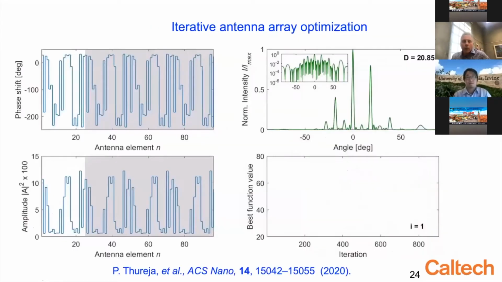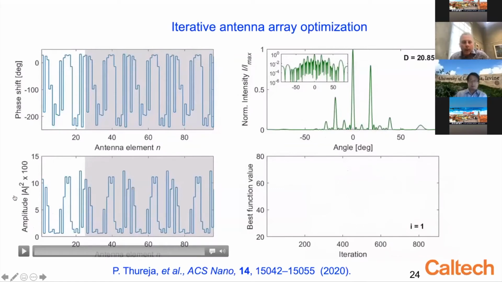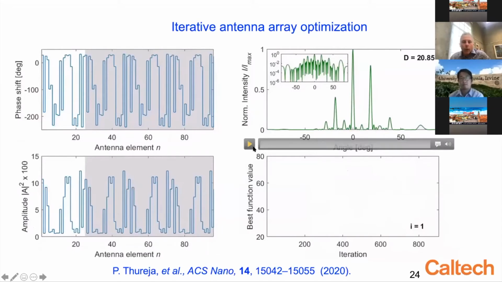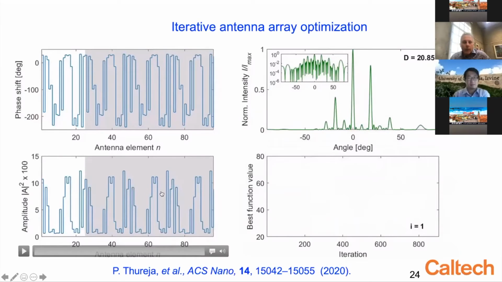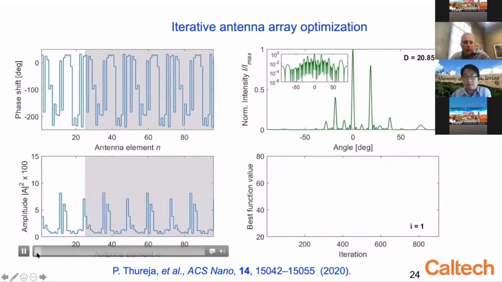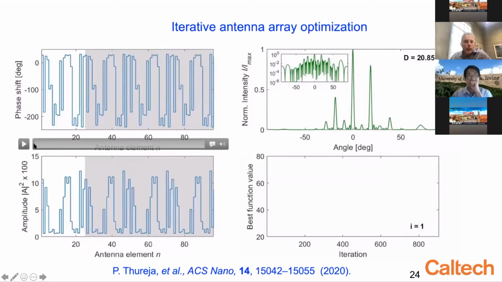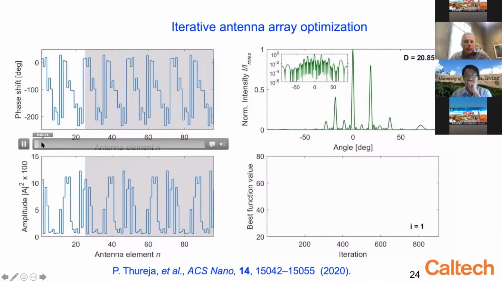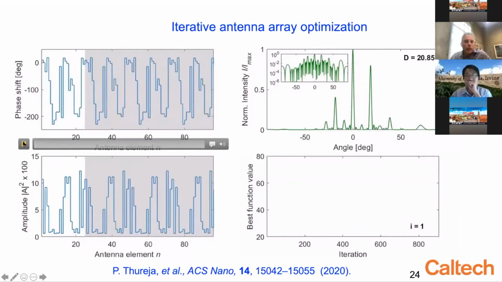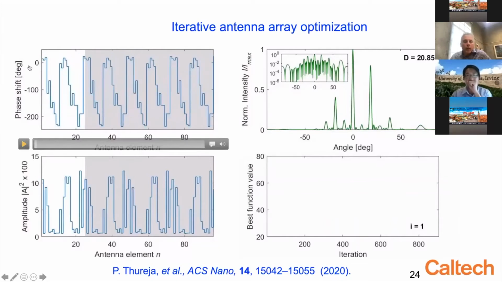But to illustrate the point of array optimization here, I'll show you the initial state for an array of antennas. Let me back this up to the beginning, where I have an approximately linear phase gradient that's repeated.